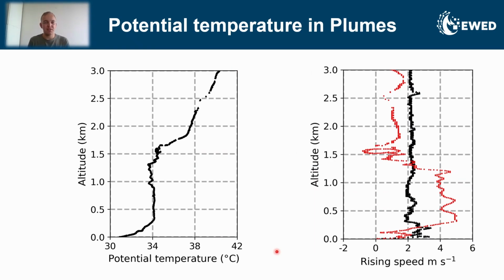So the next step is to understand the potential temperature profile that the sounding measured while it went into the plume. Interestingly enough, when we look at the surface, we see an increase in temperature in the first 2 to 300 meters, right? And this coincides very nicely with the acceleration in rising speed in the lower 2 to 300 meters.